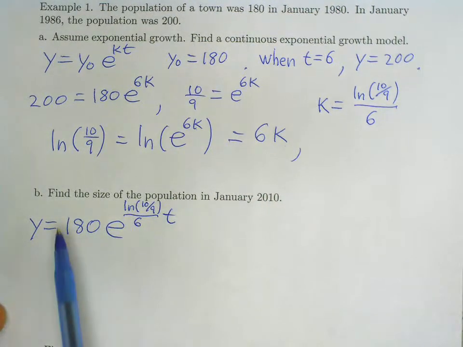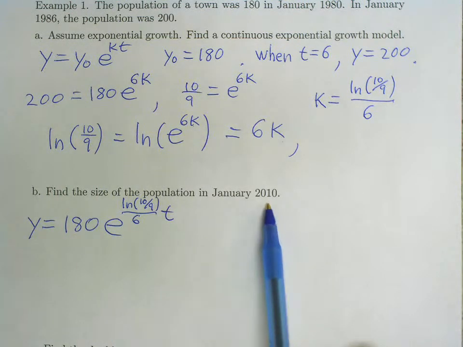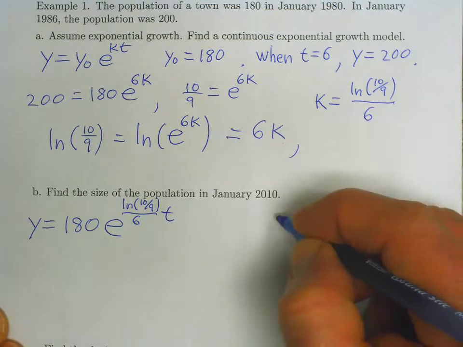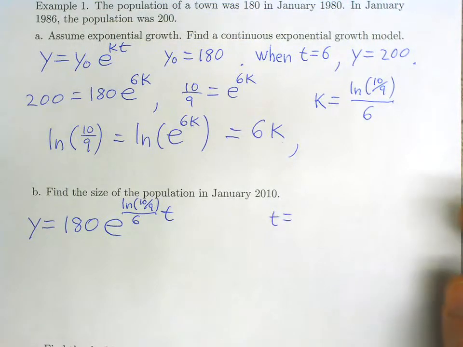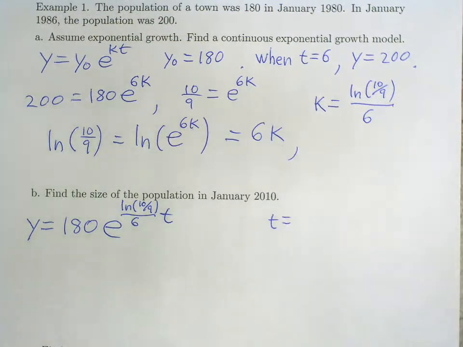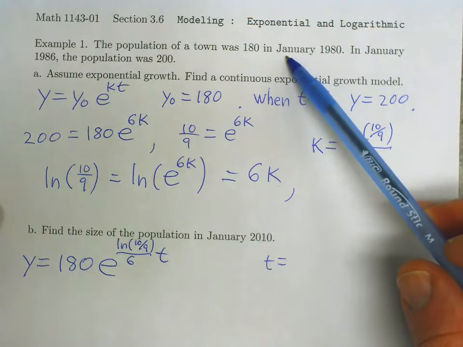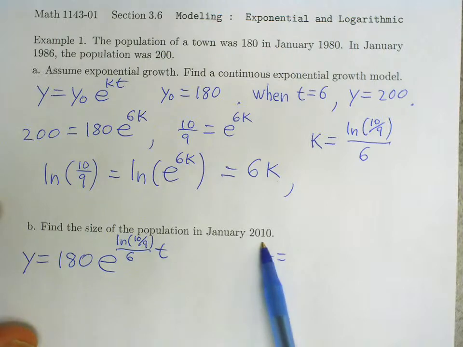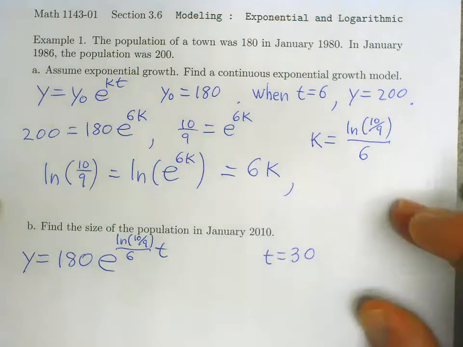Okay, so this says find the size of the population in January 2010. So the value of t is 30. If you remember, t equals 0 corresponds to January 1980. And in January of 2010, that's 30 years later, so t is 30.